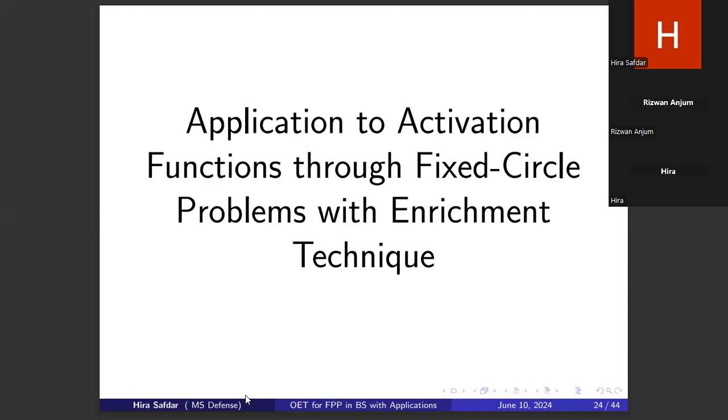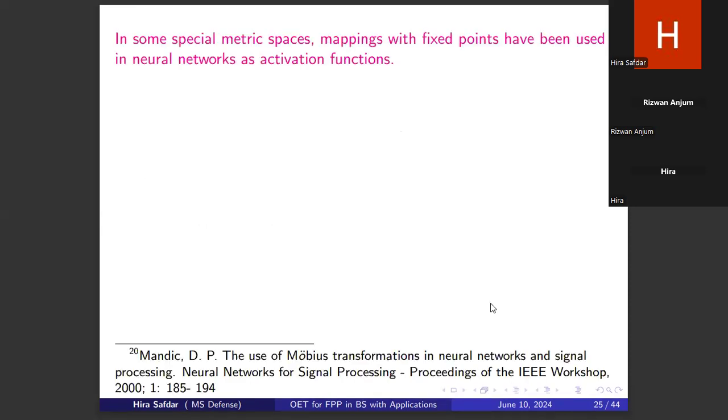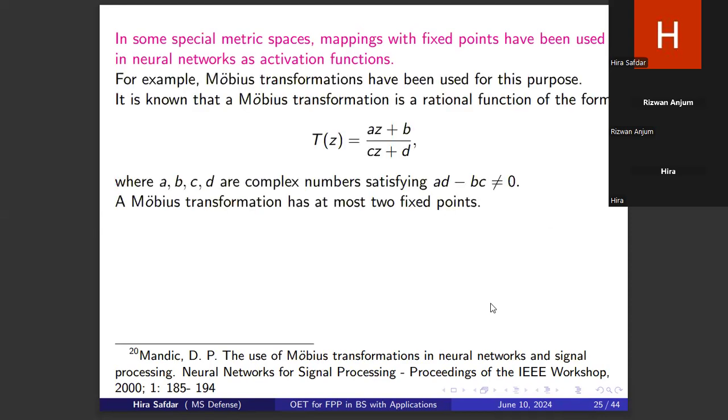So the next section is about application to activation functions through the fixed circle problem with the enrichment technique. In some special metric spaces, mappings with fixed points have been used in neural networks as activation functions. For example, Mobius transformations have been used for this purpose.